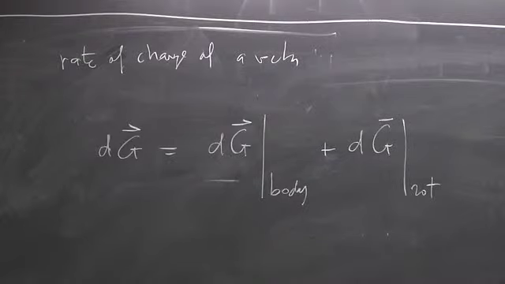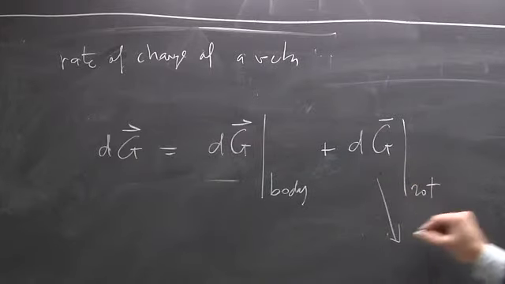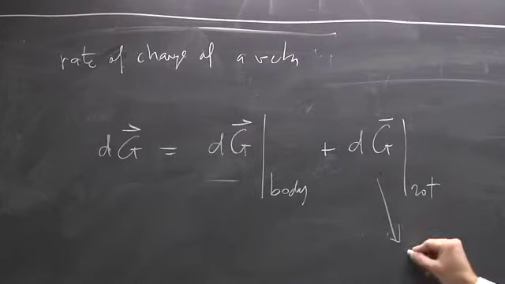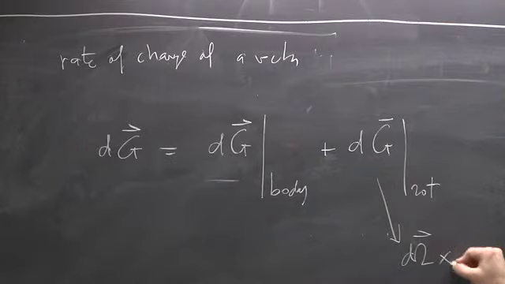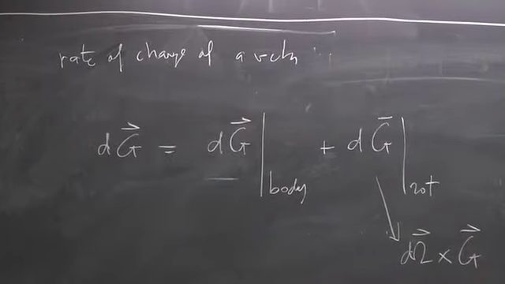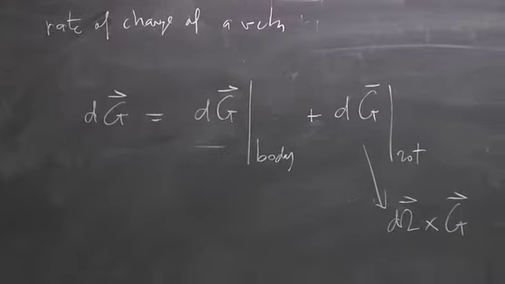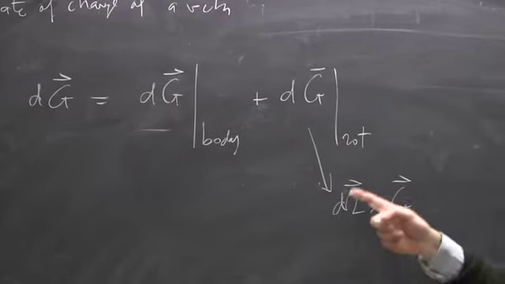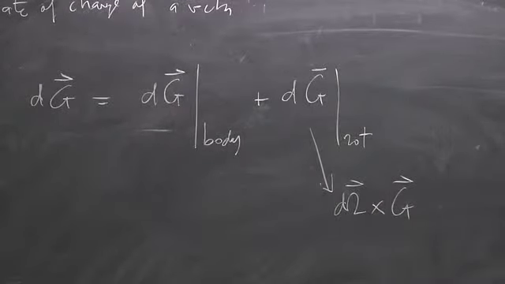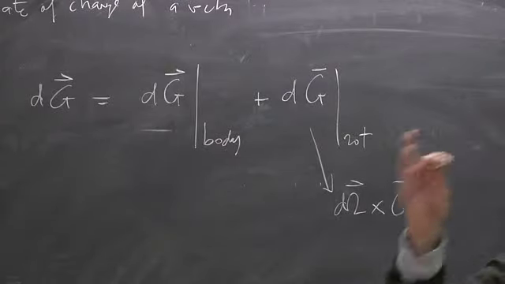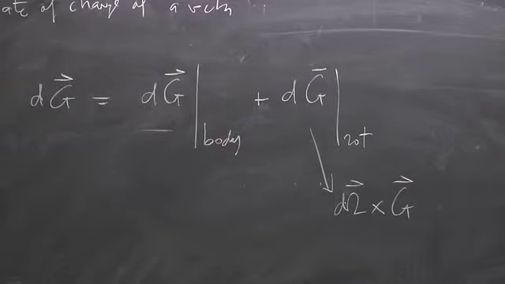So you see where I'm leading, because this is what I wrote there. This is simply omega vector cross G. This is just the change of this vector because of this gigantic rotation of my frame of reference.